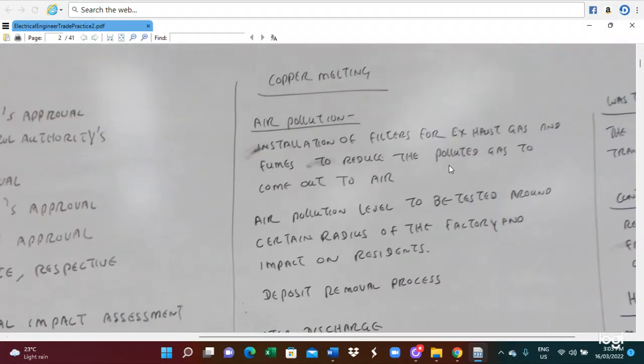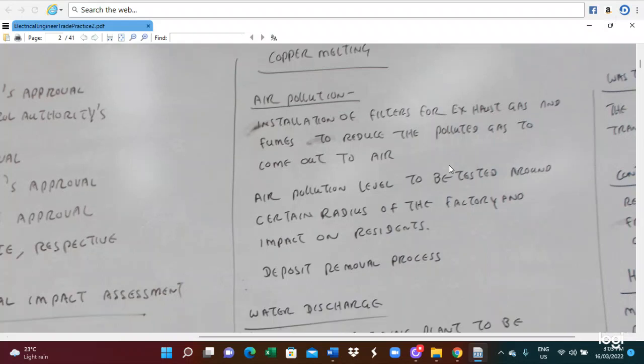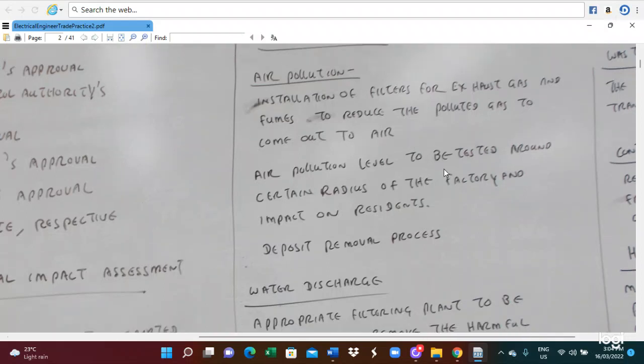Then we also have to consider any copper melting point you install. If you are designing and constructing a copper melting point, we also have to be concerned about air pollution. So a filter needs to be installed for the exhaust fan, so the fumes are reduced and the polluted gas coming out to the air is controlled.